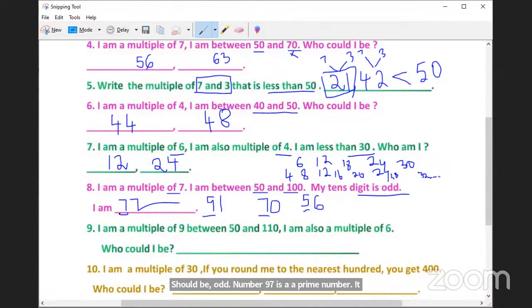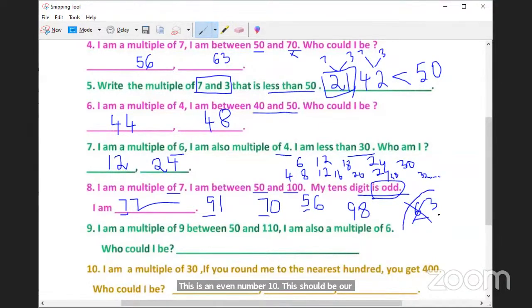It is not divisible by 7. 97 is not a multiple of 7. 98, yes, possible. Good, Lutia. 98 possible. Any other number? 63 not possible. My tens digit is odd. 63, this is an even tens digit, so this number is not possible.